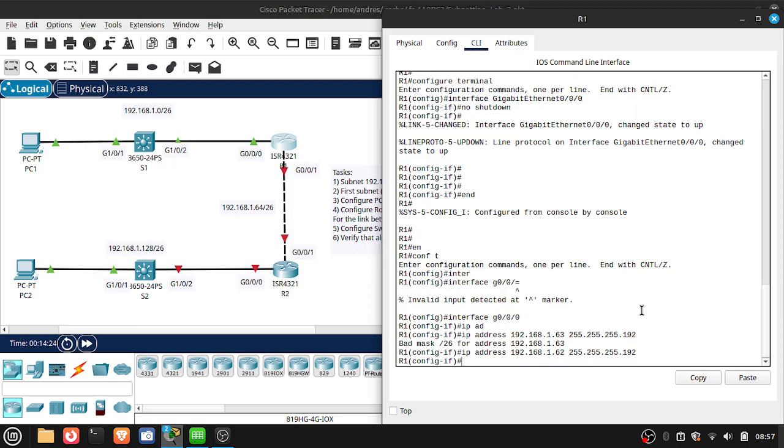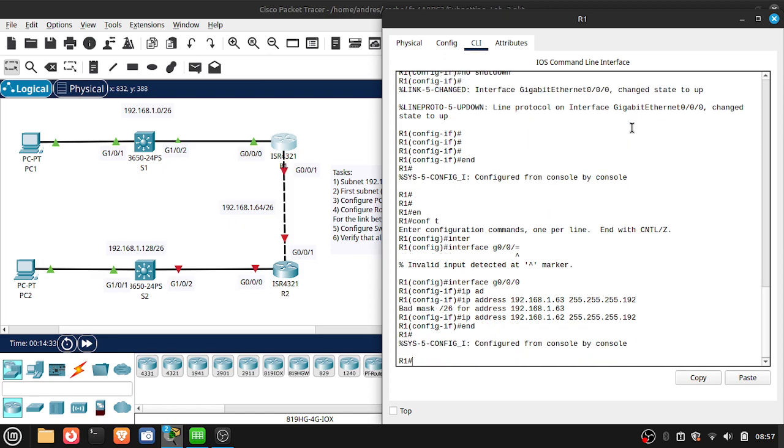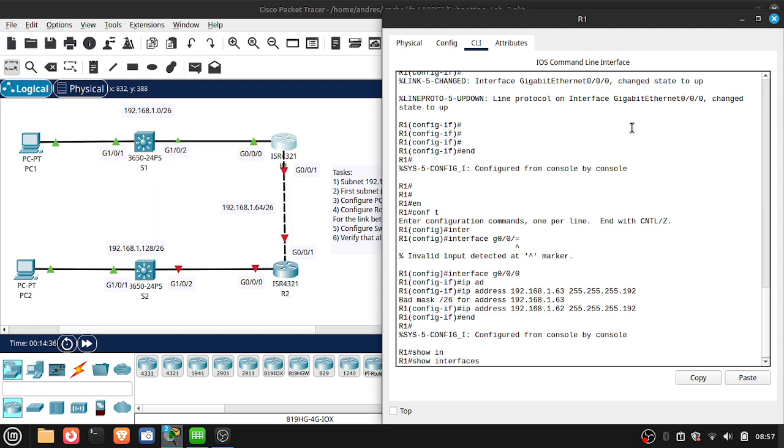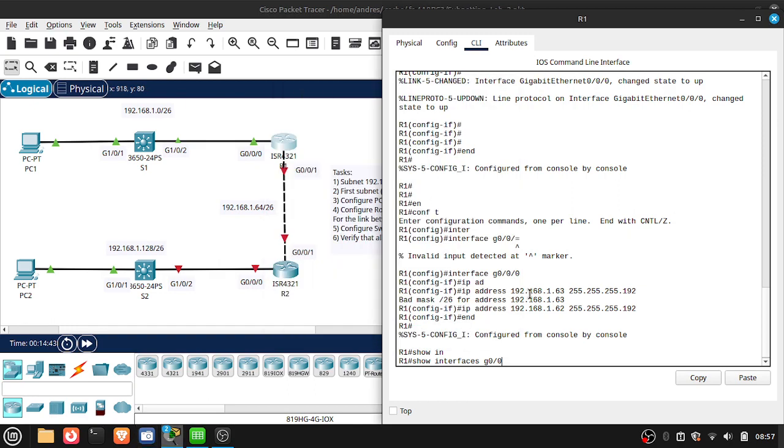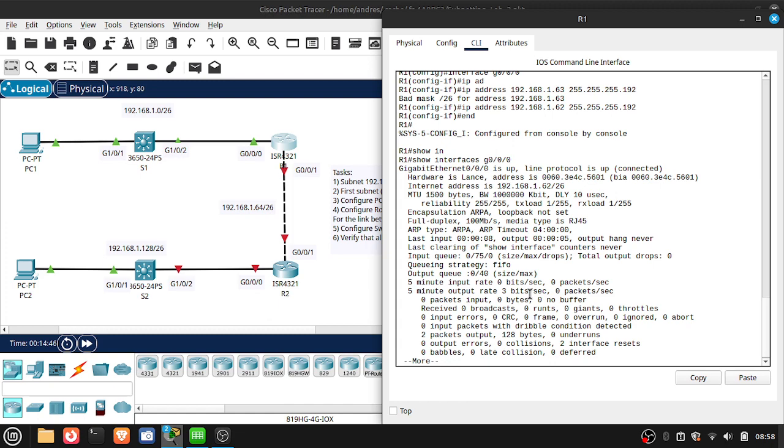Okay, the interface is up, and we have the default gateway. So you can run show interface gigabit 0/0/0, and here you can see if you really put the mask: internet address is /26.